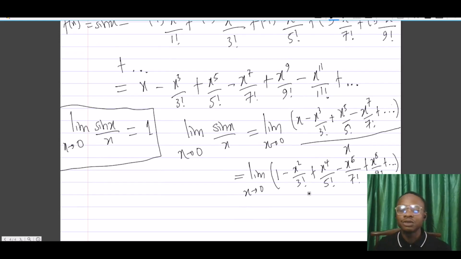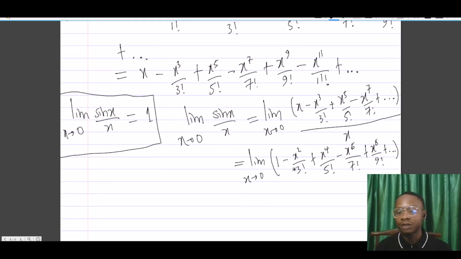Because x approaches 0, every term that carries x will vanish to 0. So at the end of the day, this limit is just 1. An interesting observation, telling us this is one of the ways by which we can evaluate the limit of sine x over x as x approaches 0.